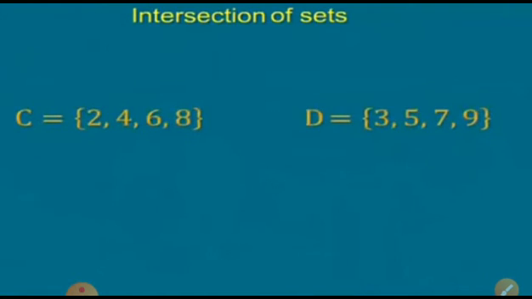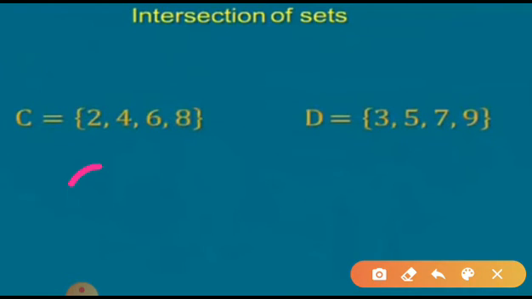Now see, if you have been given C as 2, 4, 6, 8 and D equal to 3, 5, 7, 9, can you find any common element? What will be my C intersection D? Is 2 common?